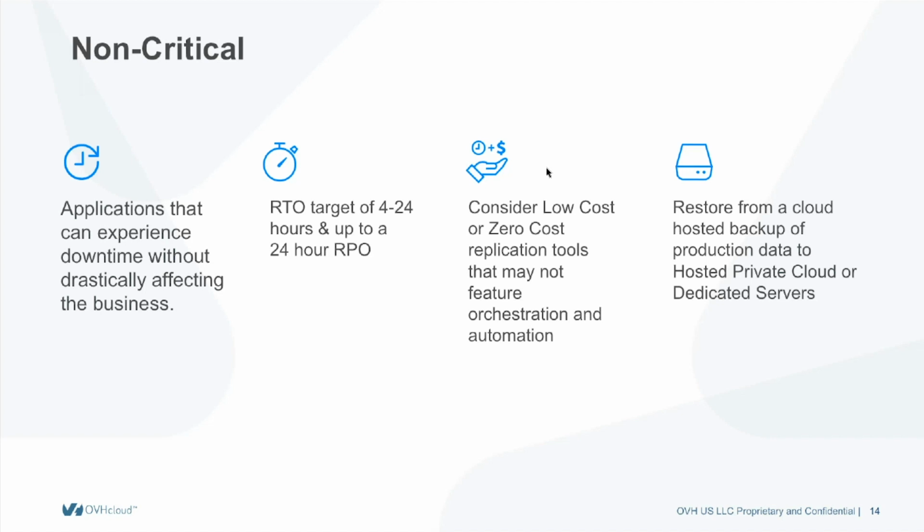It could be a storage host that we have sitting in our cloud that's networked to your hosted private cloud. You could replicate to that yourself, and you could then restore those workloads into your target recovery hosted private cloud. So this is where we save money. We fall into these constraints, and it's a great way to segment our workloads and make sure that we're treating all of them individually and giving them what they need.